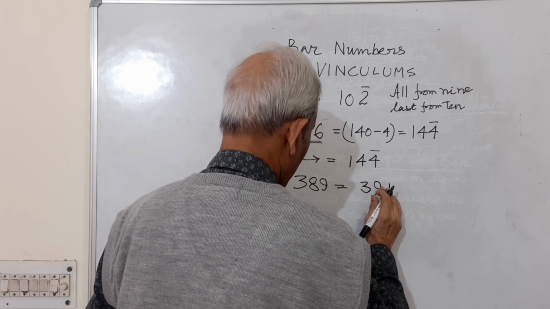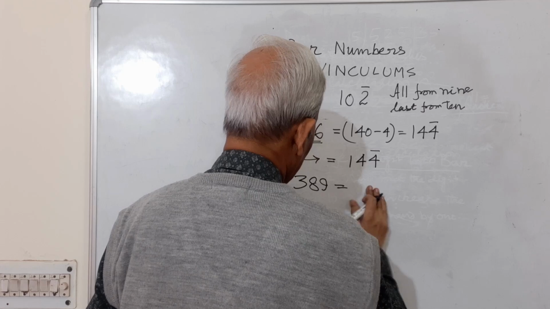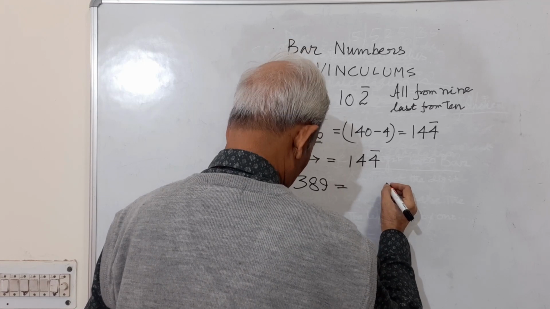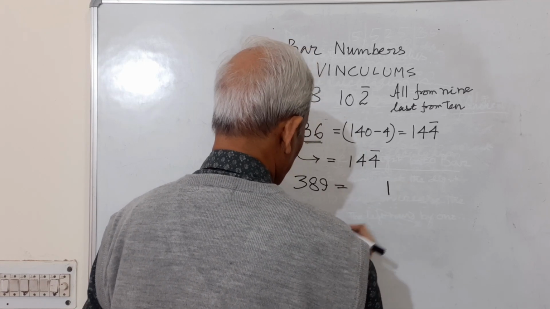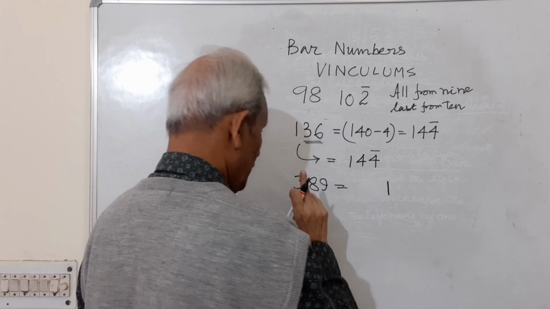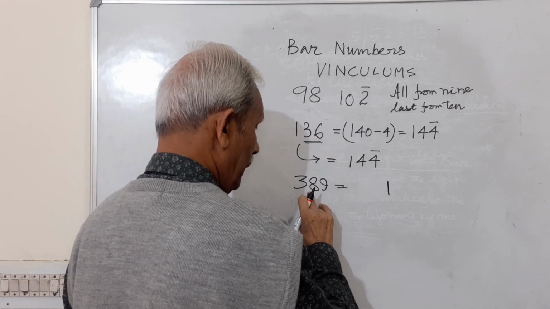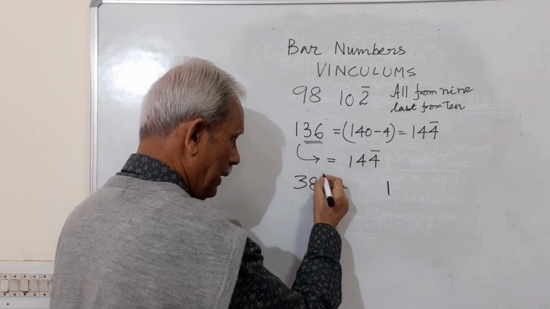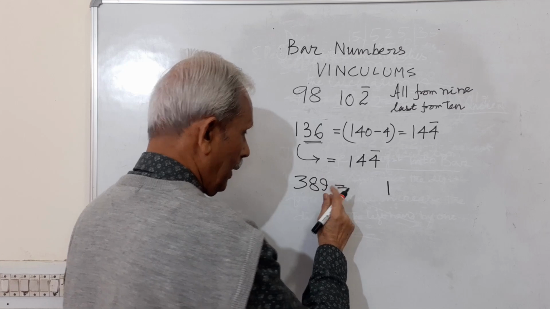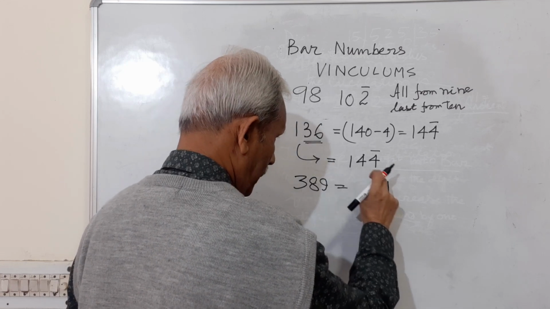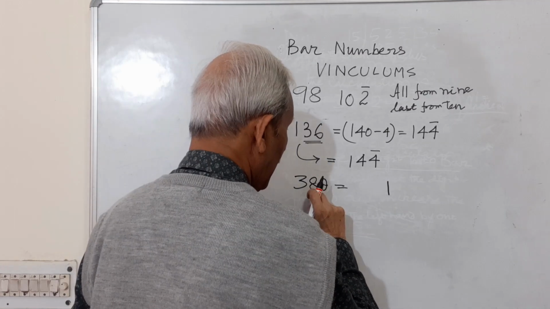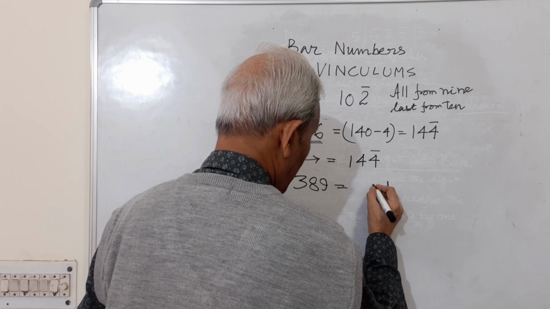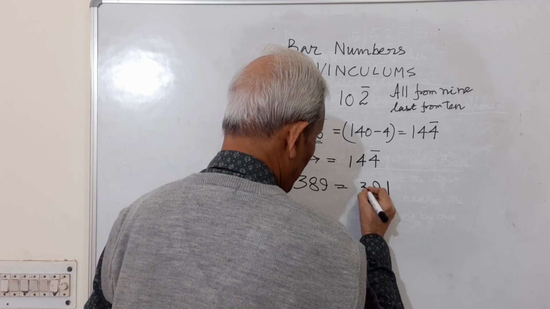389. We have made the 9 into 1, and then we have increased this 8. So there are two things we are doing. Remember, we are only changing this number, 9. So 8 is increased by 1, it becomes 9, and it's 39 1 bar.